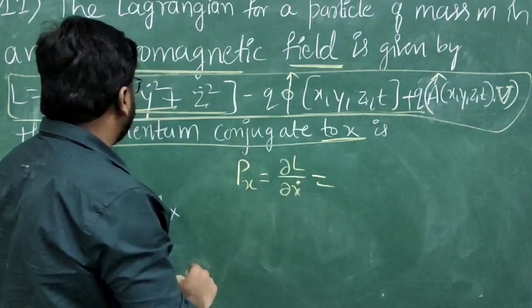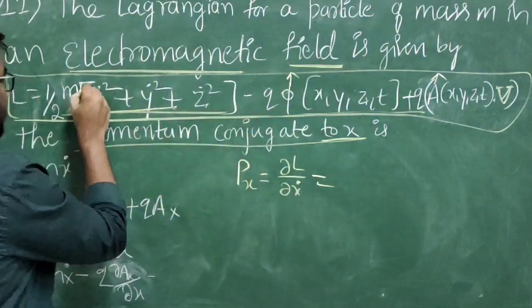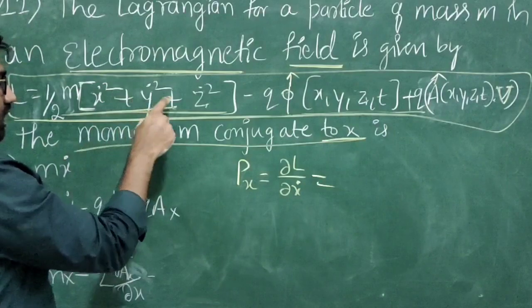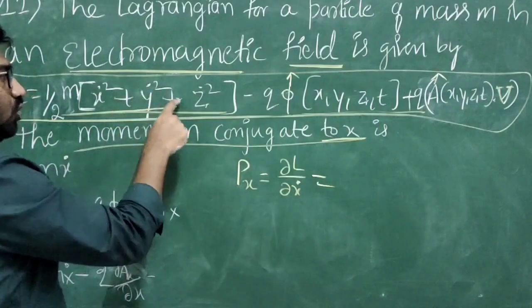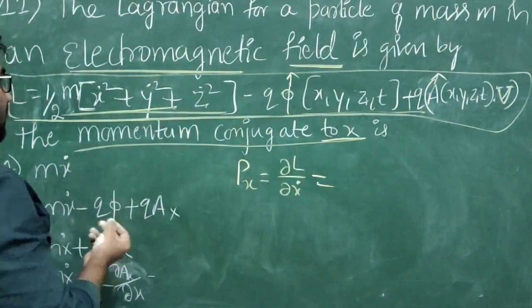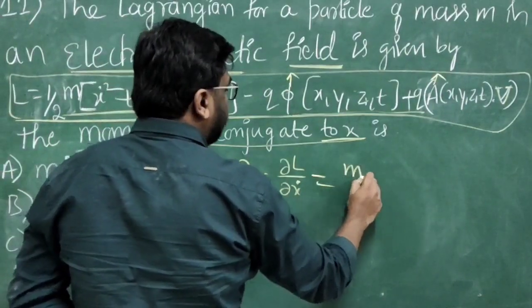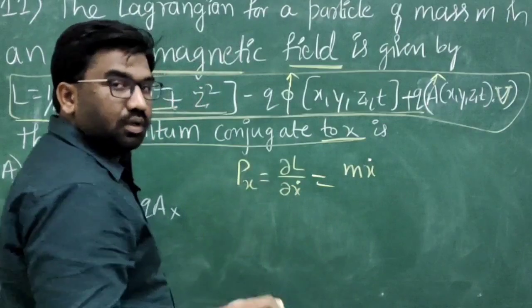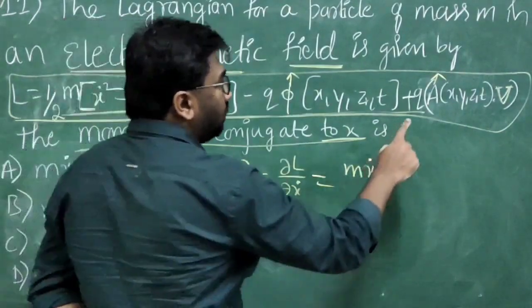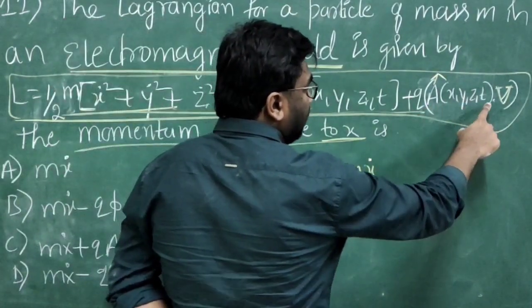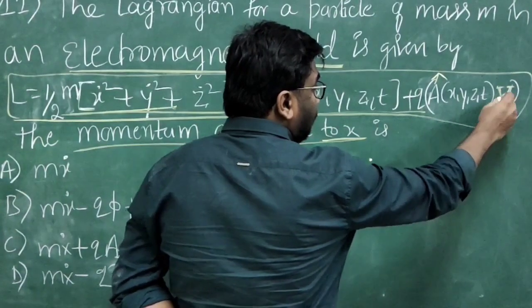So dou L by dou x dot: while differentiating with respect to x dot, all other y and z are constants. So we have m x dot, and also A of x, y, z, t dot v.